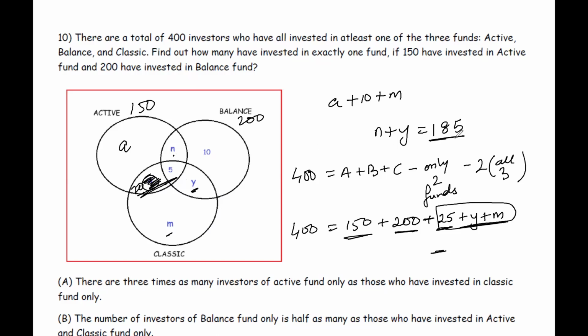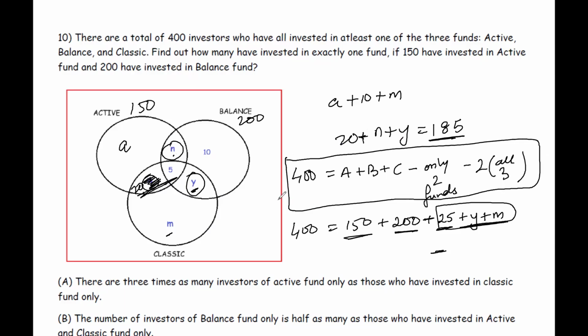So N plus Y is 185. And if you add another 20, it gives you the only two fund category, right? N, Y, and this 20, which was W, is two fund category. So this formula is basically the A union B union C equivalent of what we learned in our school days.